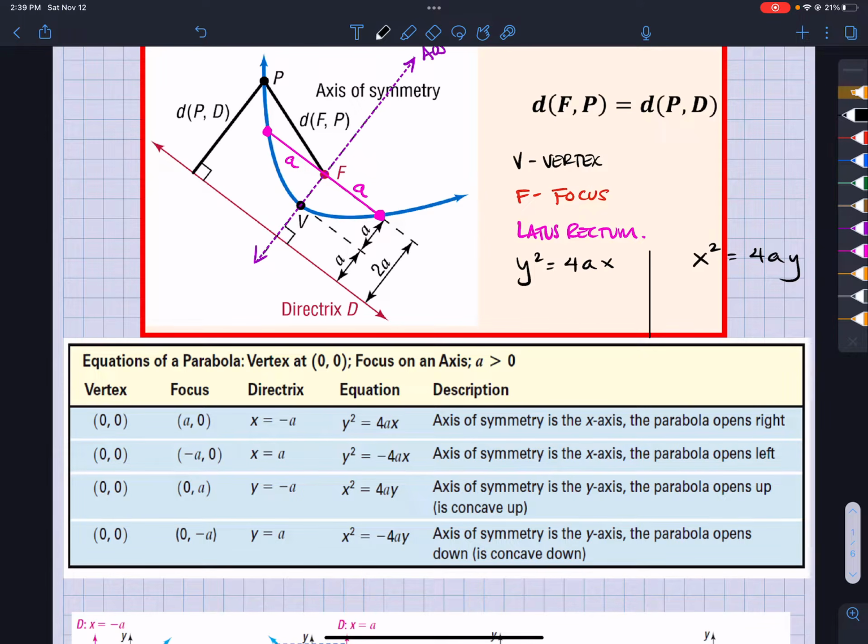If the A is negative, it opens left. If the A is positive, it opens to the right. For the x squared, if the A is negative, it opens down. And if A is positive, it opens up. So you guys are more used to things like this right here, okay?